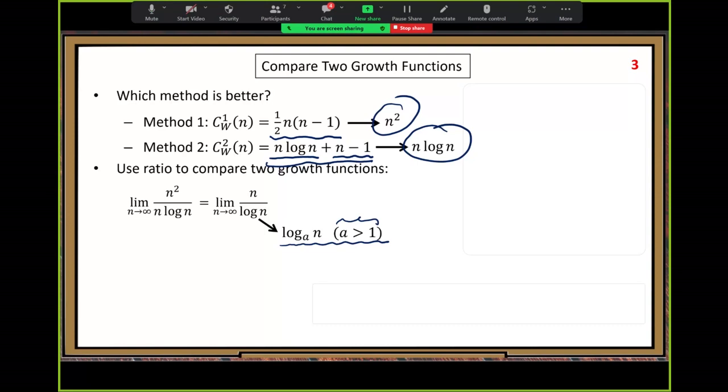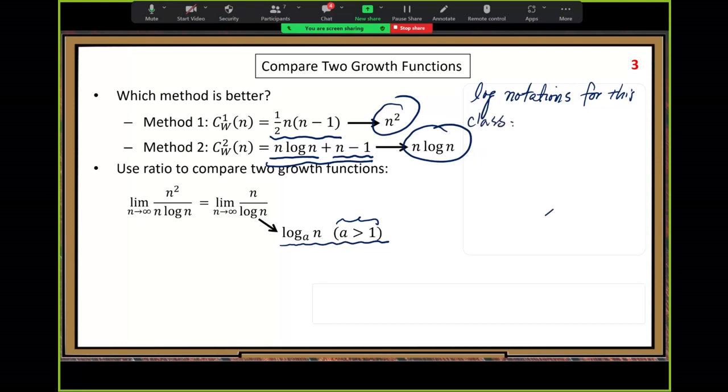So, let's consider this. If you do not see the base, for this class, our log notations are as follows.